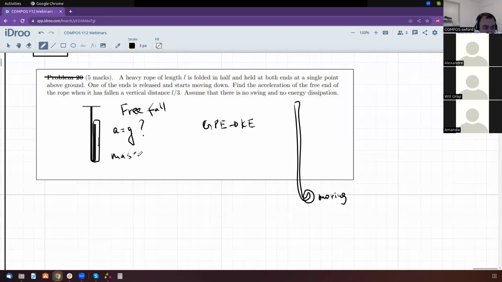So the acceleration is not g. I can assure you that the acceleration is not g.